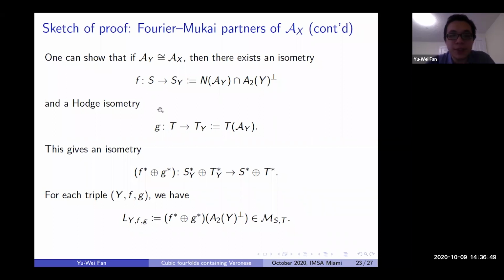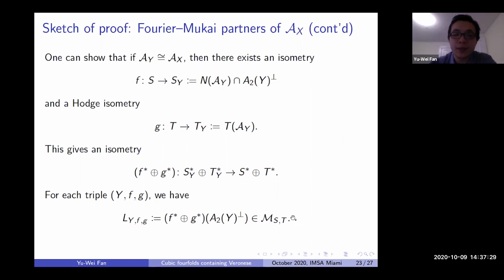So these two isometries will induce this isometry between the dual of S plus dual of T of Y to this dual of S plus dual of T of X. And if we have this isometry, then we can look at the image of the A2 perp of Y. The claim is that this image of A2 Y perp will be a lattice that satisfies the condition of being an element in MST.